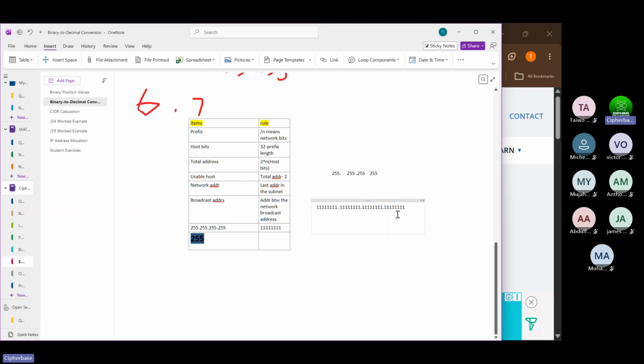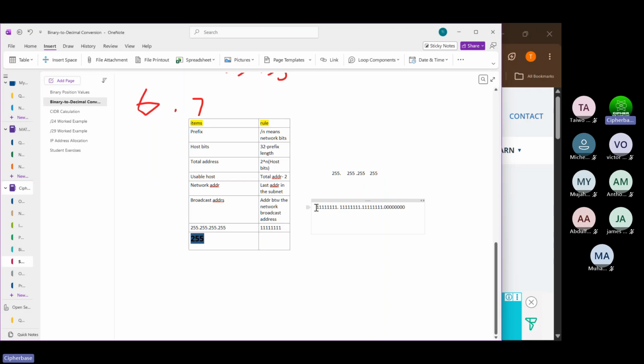The prefix that we are talking about is that you have to count 24 ones. That is, this is 8, another is 16, and 8 times 3 would be 24, right? That means in this slash 24, the rest will be 1 2 3 4 5 6 7 8.